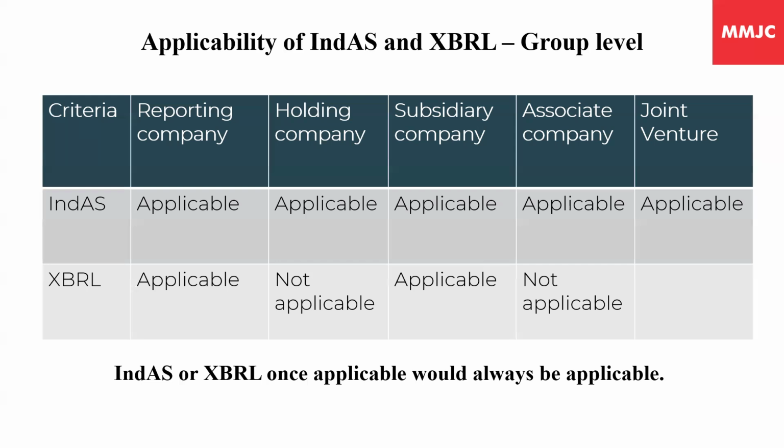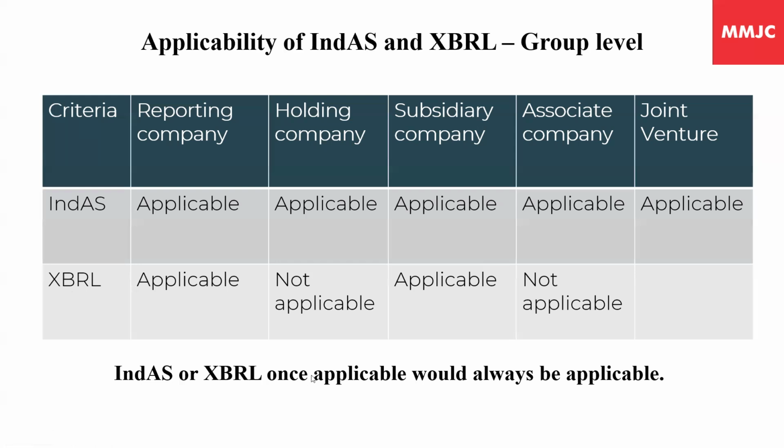Also, one more point very worth noting is that if both Ind AS and XBRL are applicable once to any company, they shall remain applicable to it throughout the life of the company.